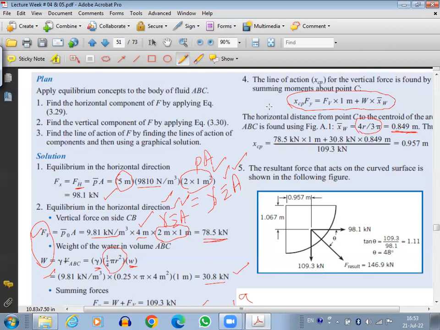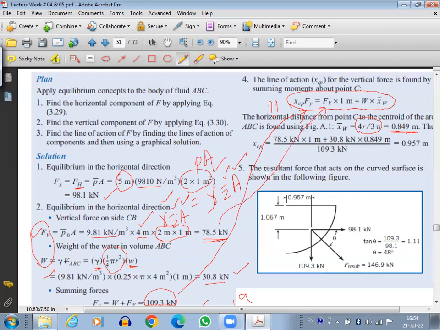This is what we need to find out, xcp. Fy will be the total force, which is this 109.3 kilonewton. That is Fy. Fv is the vertical component. Fv is here.